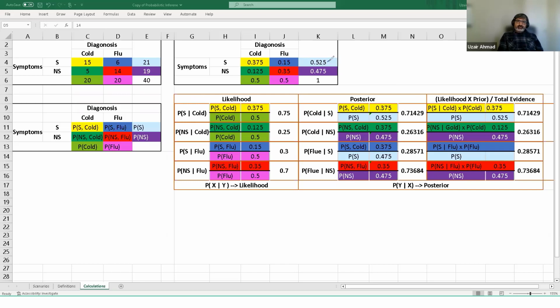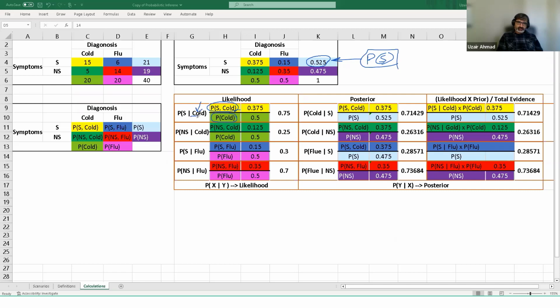Overall, in the data set, people are sneezing. The probability of any random person sneezing is 0.52. But if that person, we know the person has cold, that added information will change this probability of sneezing. It will increase or decrease. And we will calculate that by dividing the joint probability of both events, dividing this by the marginal probability of known event.